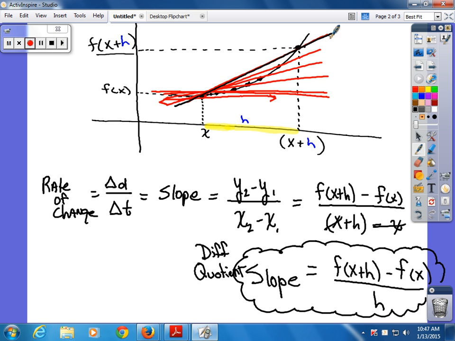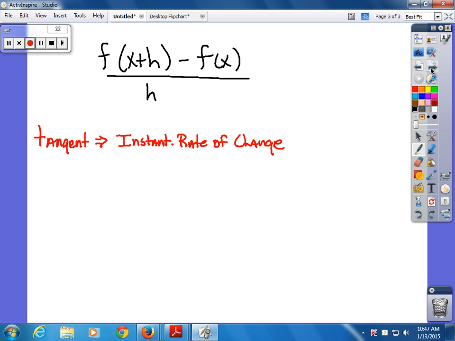So any one of those secant lines is basically a rate of change. But if you get this point real close to the other point, I'm talking about half of a pin width, really close, then the secant line turns into a tangent line, which gives us the instantaneous rate of change, which means at any point on the line.